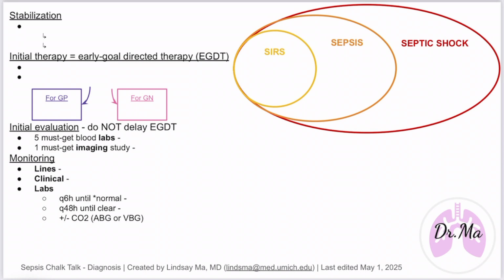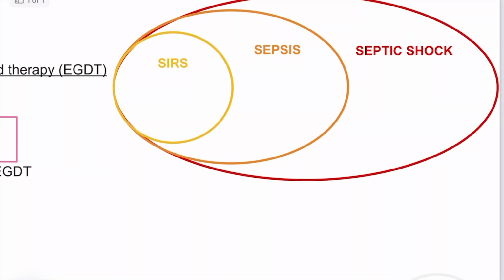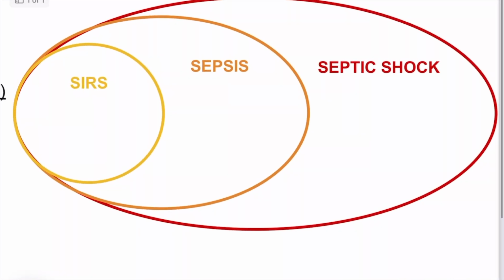So the first thing we'll want to figure out is if they have sepsis at all. And in order to determine that, we have SIRS criteria, which can help us get on the right path. The SIRS criteria include a few things, and we are looking for patients who have greater than or equal to 2 of these.